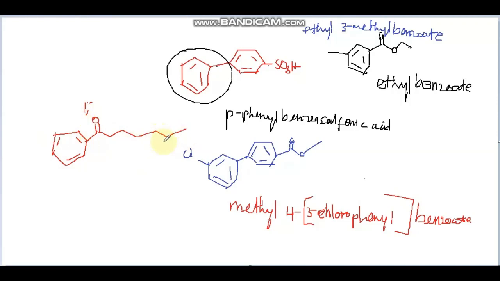This compound is 1, 2, 3, 4, 5, 6, 7, a heptanone. So you indicate it as 1-phenyl. The phenyl here means that we have a benzene ring at position 1 of the parent chain. Then you write hepta-1-one: 1-phenyl hepta-1-one.